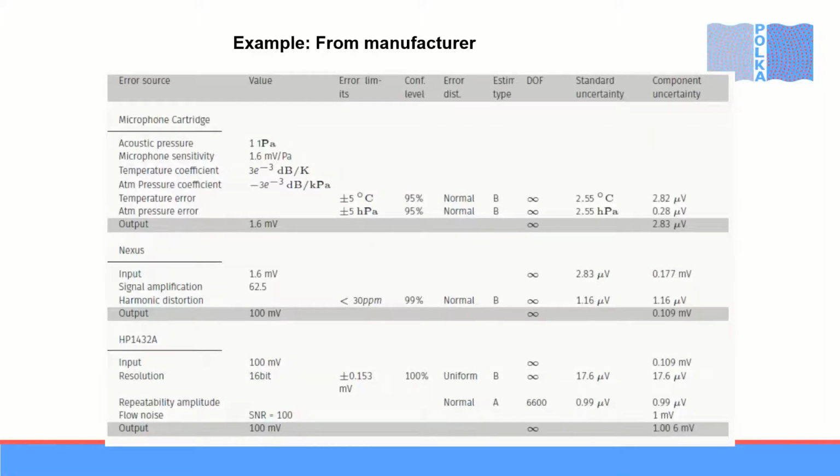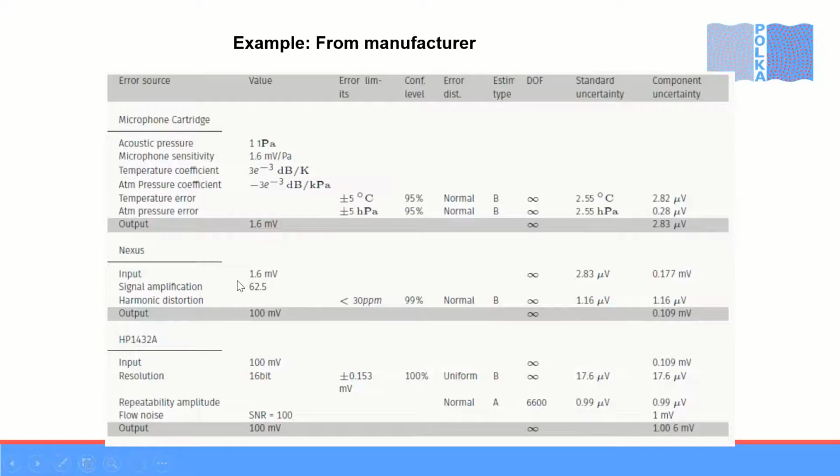So this is an example of how to get it from the data sheets. This is for instance for the microphone cartridge, there's information from the data sheets from the B&K microphones that we used. And then you see this estimate type. It says B here. You remember these were from data sheets.